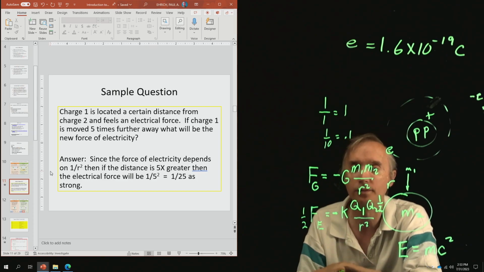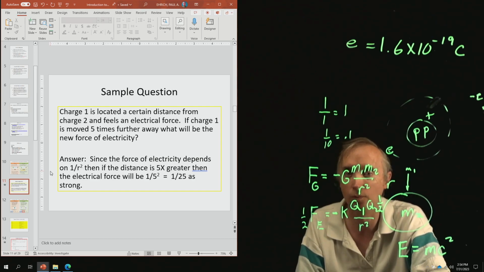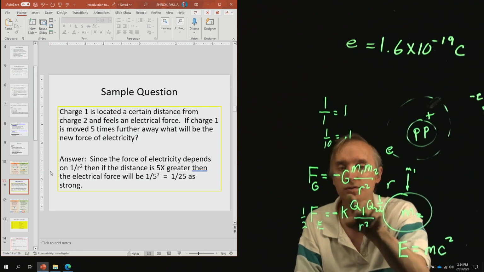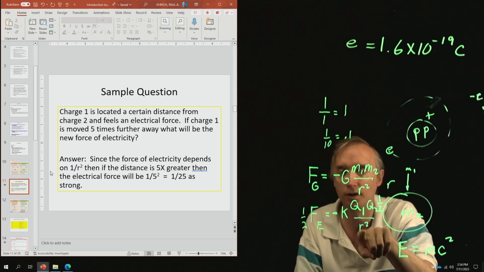Charge number 1 is located a certain distance from charge number 2, and it feels an electrical force. If charge number 1 is moved 5 times further away, what will be the new force of electricity? Okay, so we're going to use this formula here, and instead of R, we're going to put in a 5.